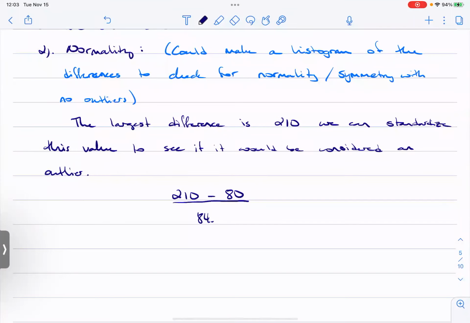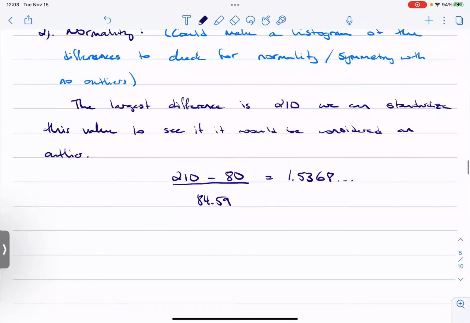I'm going to divide by 84.59, and I get 1.5368. Okay. This is not a concern to me. 1.5 standard deviations away from the mean, that's not considered an outlier.